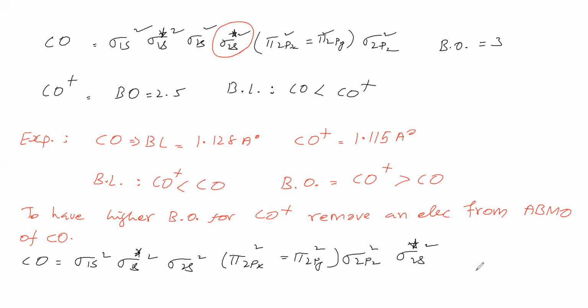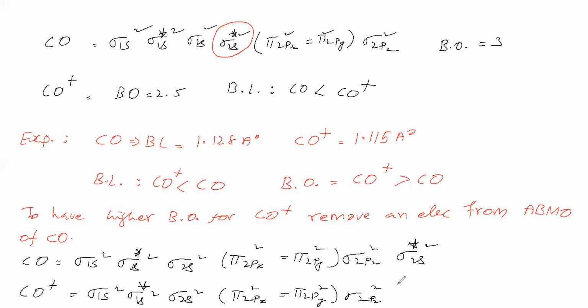Like this we have to write for CO. So you got an idea of how to write the electronic configuration for CO. Now we will write for CO plus: sigma 1s2, sigma star 1s2, sigma 2s2, pi 2px2, pi 2py2, then sigma 2pz2, then sigma star 2s1.